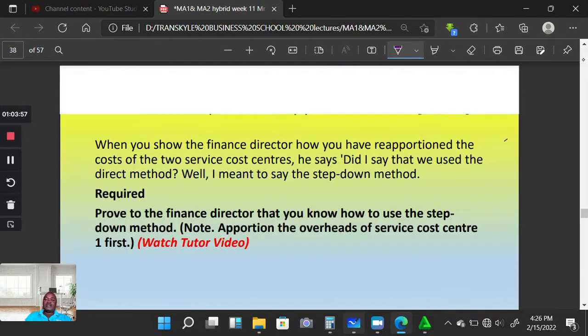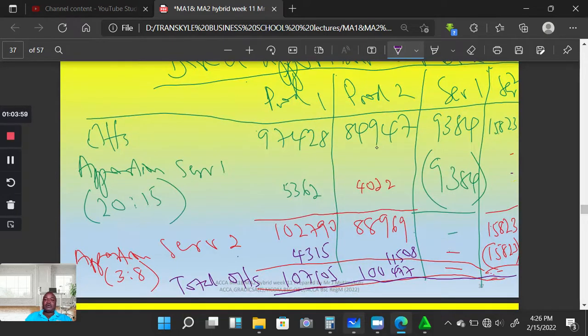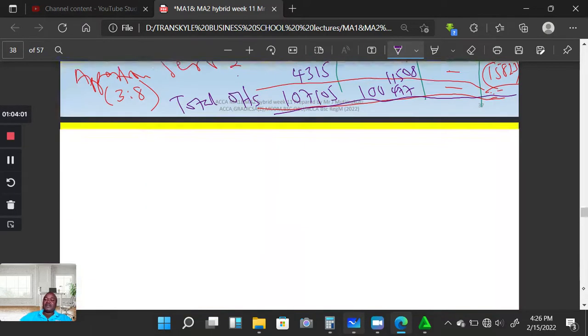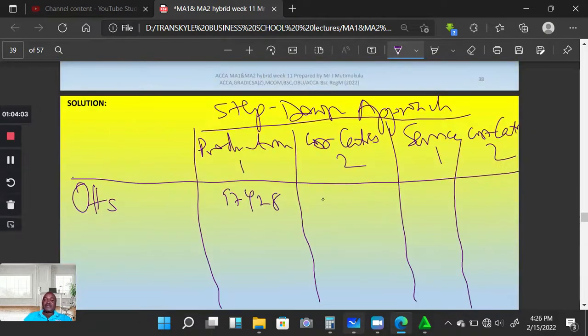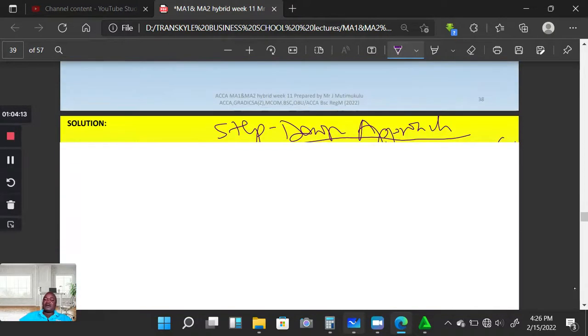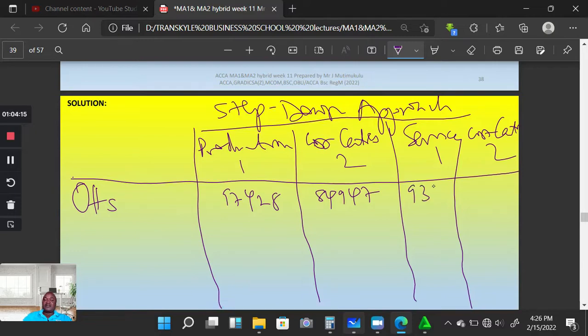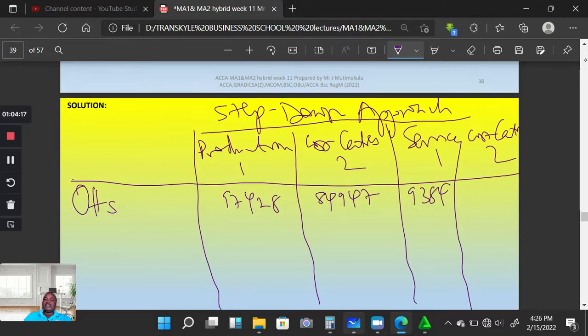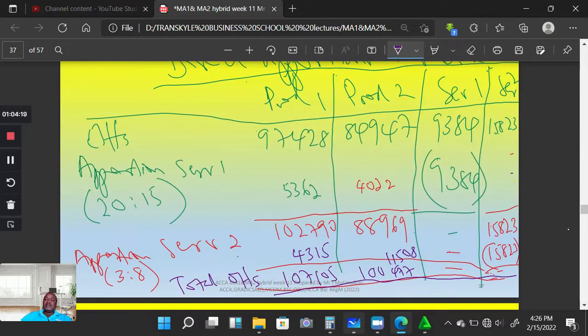For center 2, you can copy from the previous example: 84947. Then for service center 1, there's 9384, and then lastly 15823.